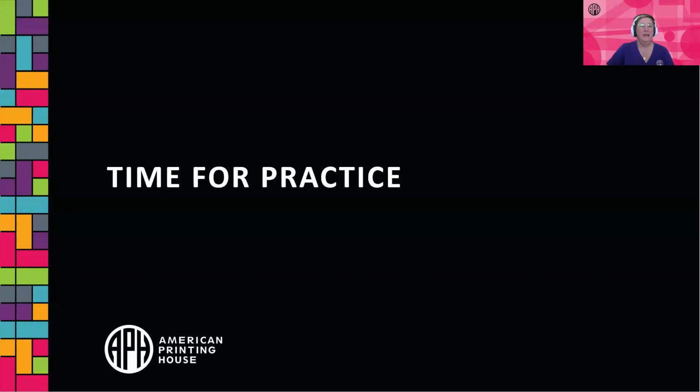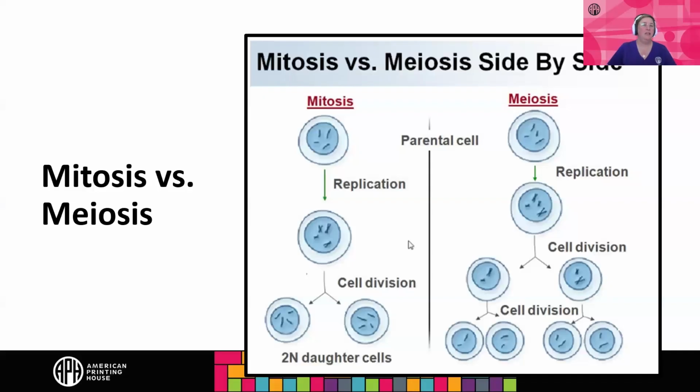Okay. Get your fingers ready to join in a little bit of practice with us. Our very first practice is going back to the original mitosis versus meiosis worksheet that was described earlier that a teacher needed. The description of mitosis on the left and meiosis on the right.